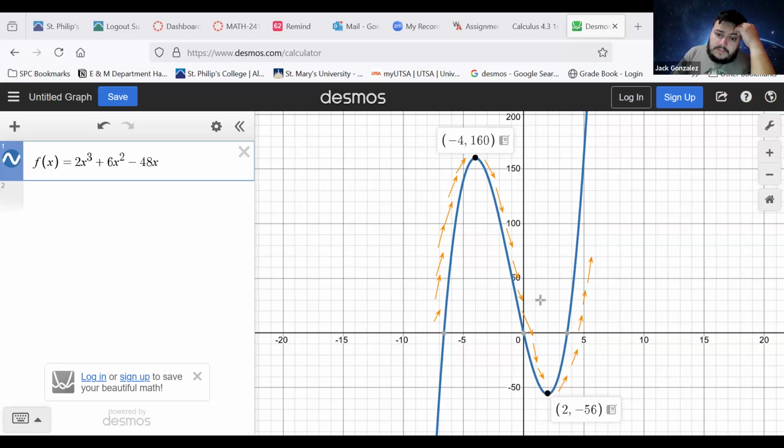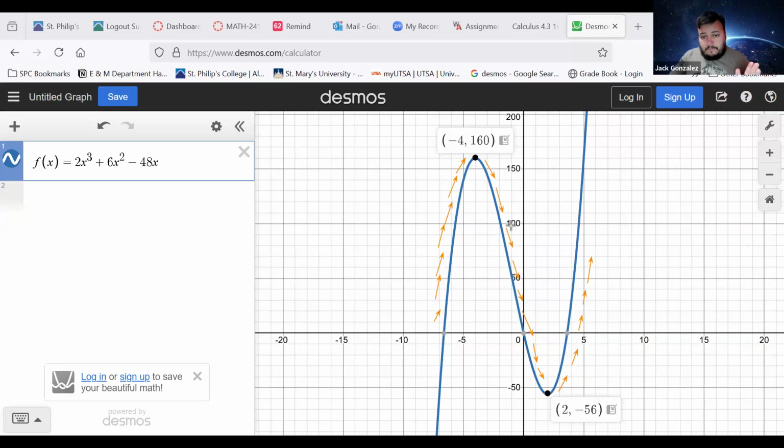So we have two sections for increasing. Everything before -4 is increasing, and everything after 2 is increasing. That's where I got the union part. Everything in the middle, between -4 and 2, is the only spot where it was decreasing. When I say down, I mean we have negative slopes, and we always read it left to right.